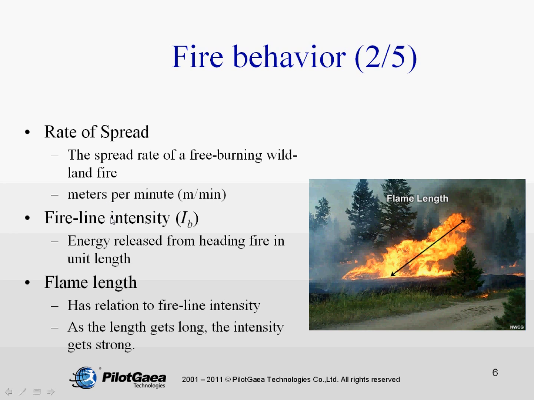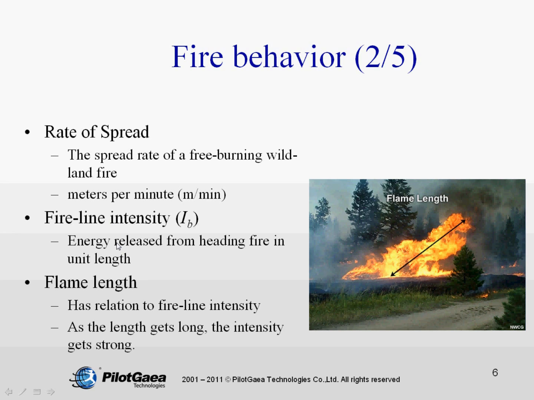The second is fireline intensity. This means the accumulative energy in a distance. By using this value, the user can separate the degree of fire intensity. As the value gets higher, the intensity gets stronger.